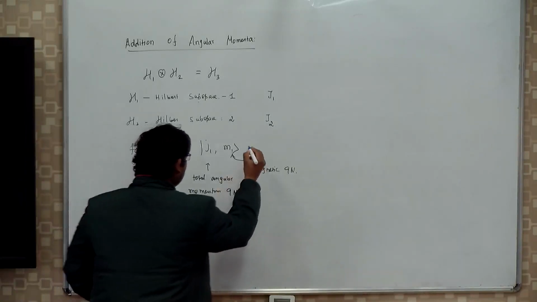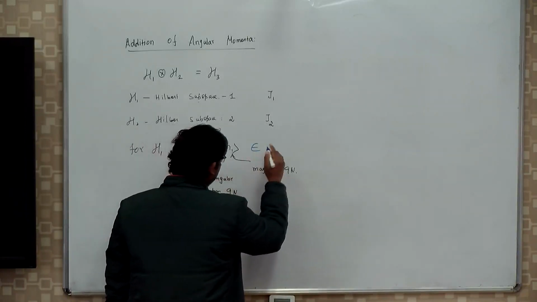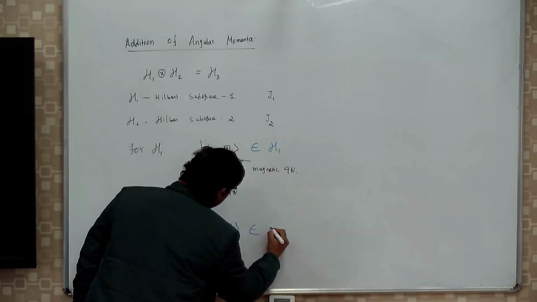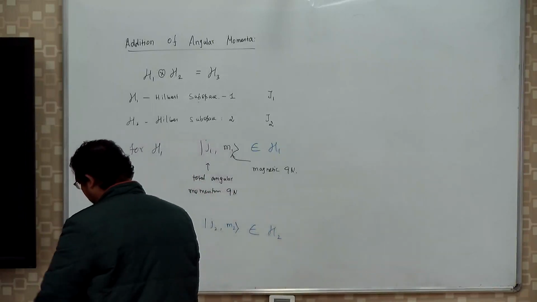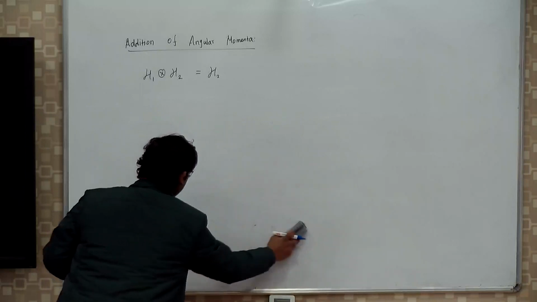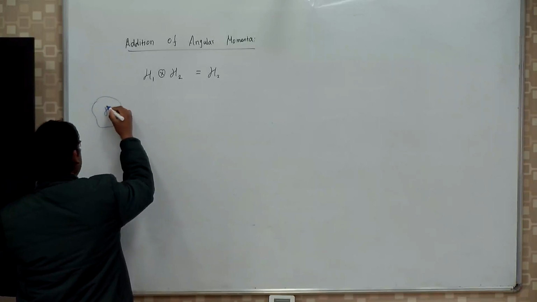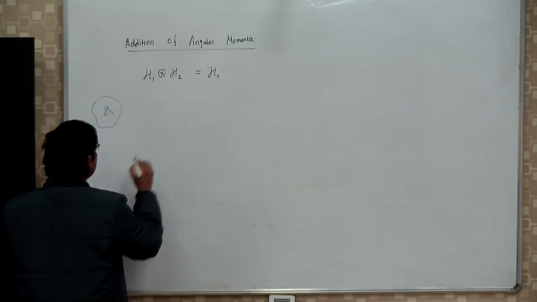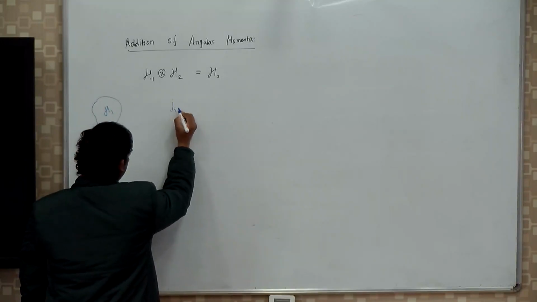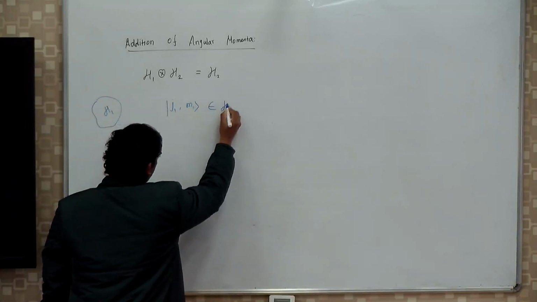This one is an element of H1, and this one is an element of H2. More precisely, we can write: this is the Hilbert subspace H1, and its state vector can be written as J1 comma M1, an element of H1.